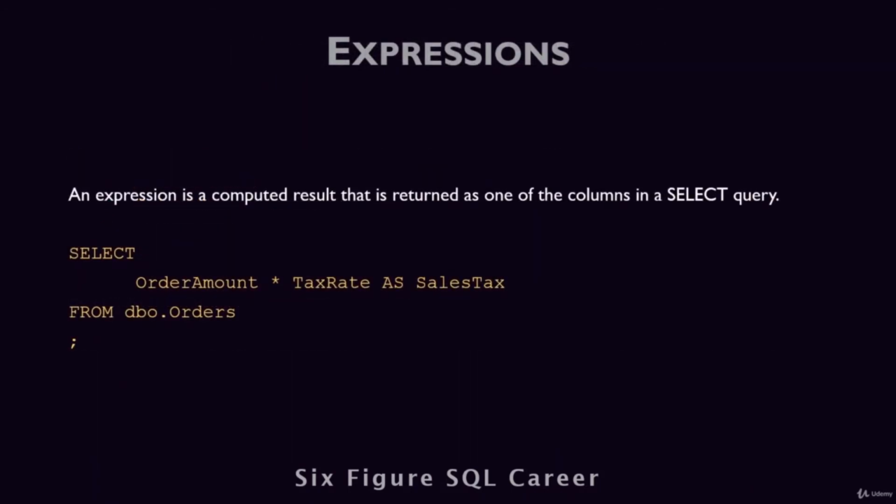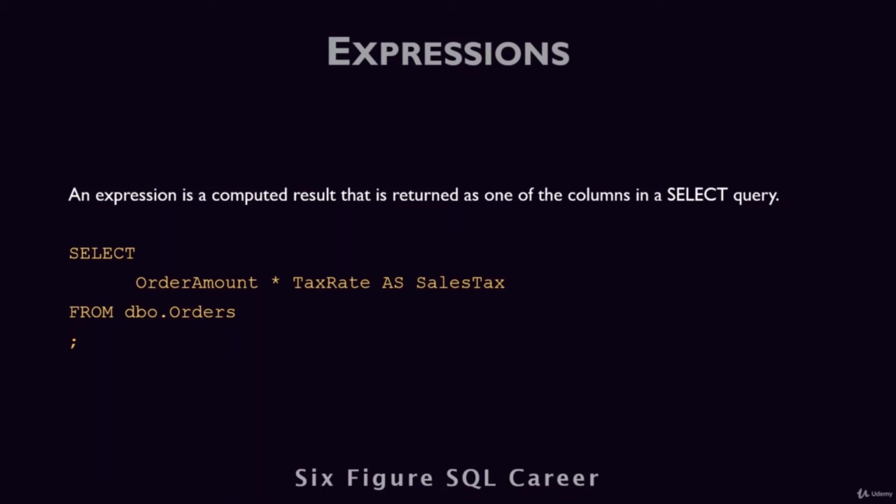An expression is a computed result that is returned as one of the columns in a select query. Here's an example of an expression. In this query, I'm multiplying the order amount column times tax rate to produce a result called sales tax. The as sales tax phrase at the end of my expression is a column alias.